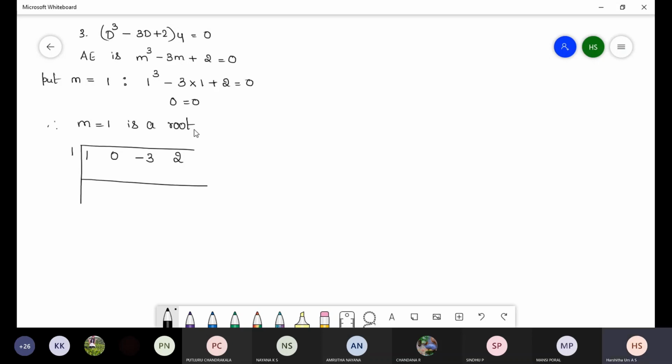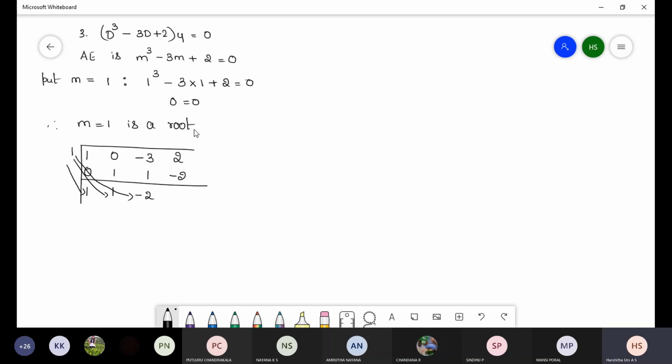Now, while doing the synthetic division, 1 plus 0 is 1. Now, 1 into 1, 1. 0 plus 1, 1. 1 into 1, here 1. Minus 3, 1, minus 2. 1 into minus 2.